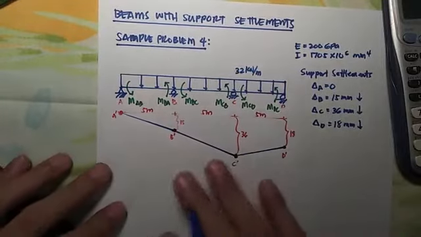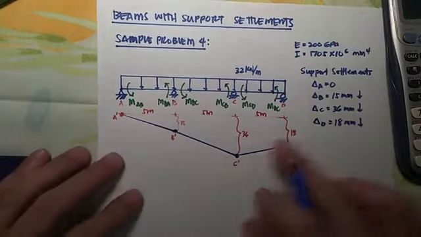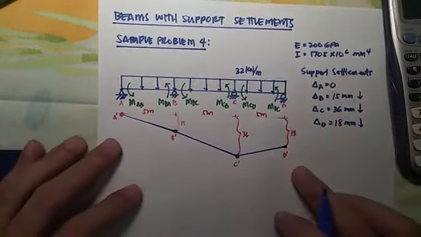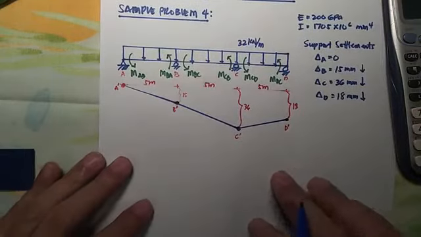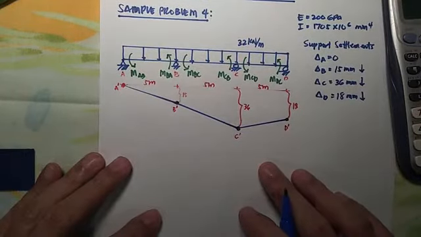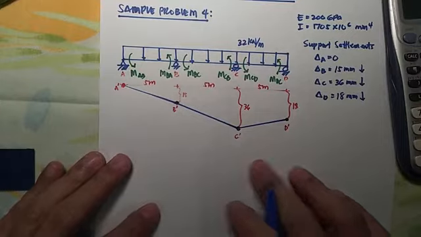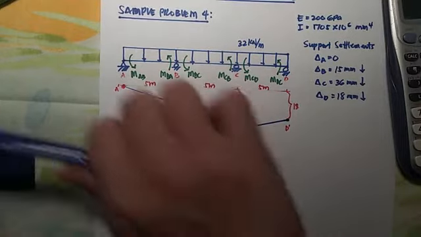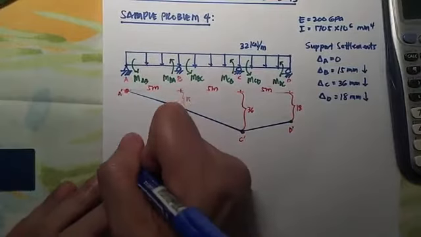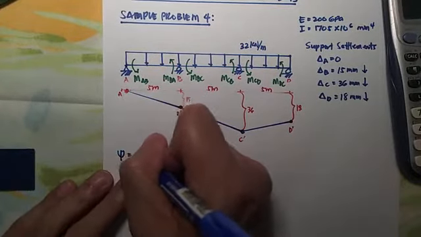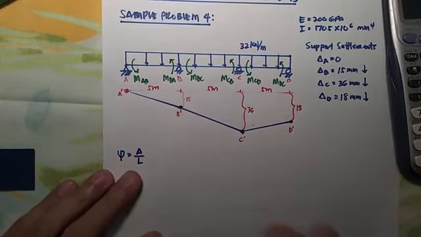I'm doing this to consider the displacement or the settlement. Okay, so let us solve first for the psi. So psi is delta over L.